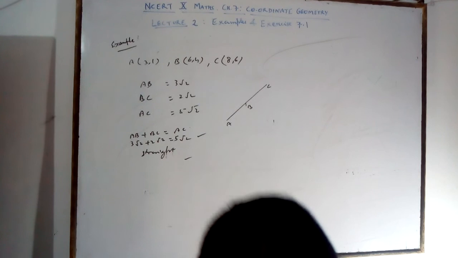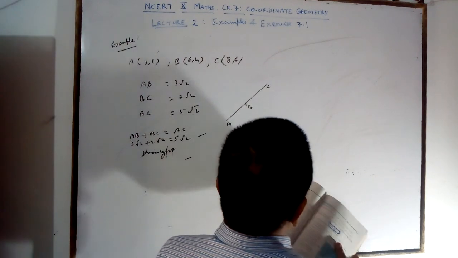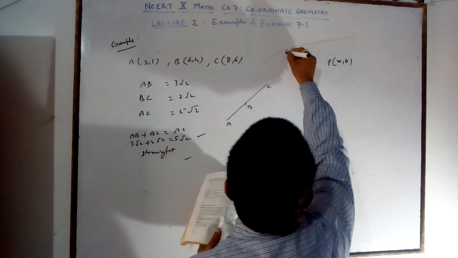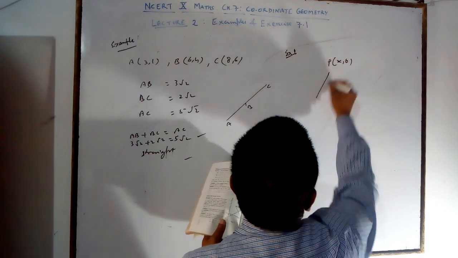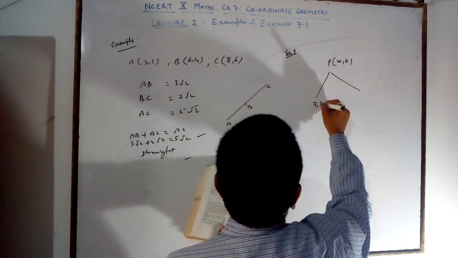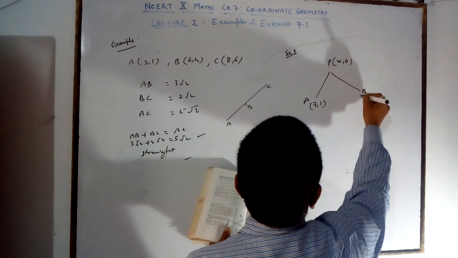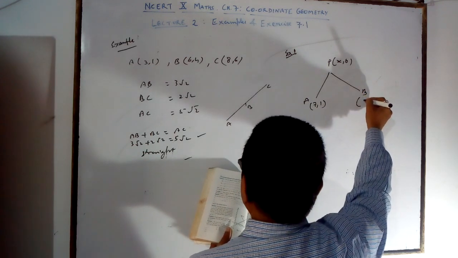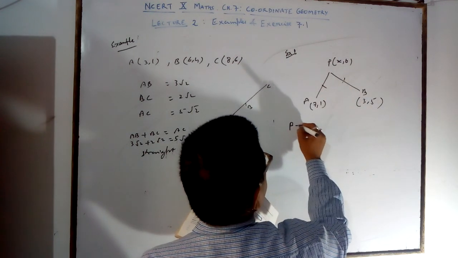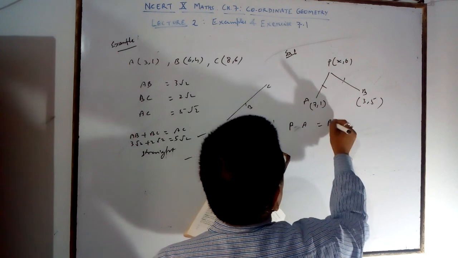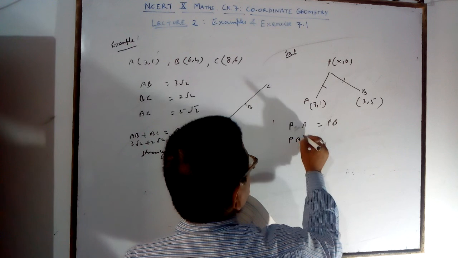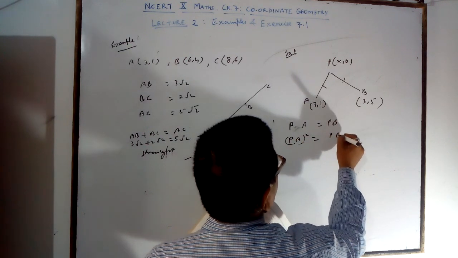A point P, which is (x, y), in example number 4, is equidistant from A, which is (7, 1), and another point B (3, 5). It is given that these two are equal. So PA is equal to PB. Therefore PA squared is also equal to PB squared.